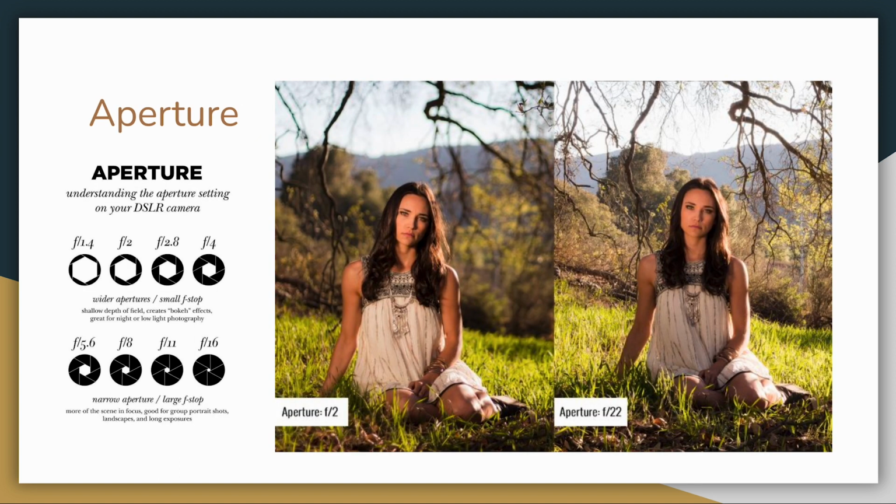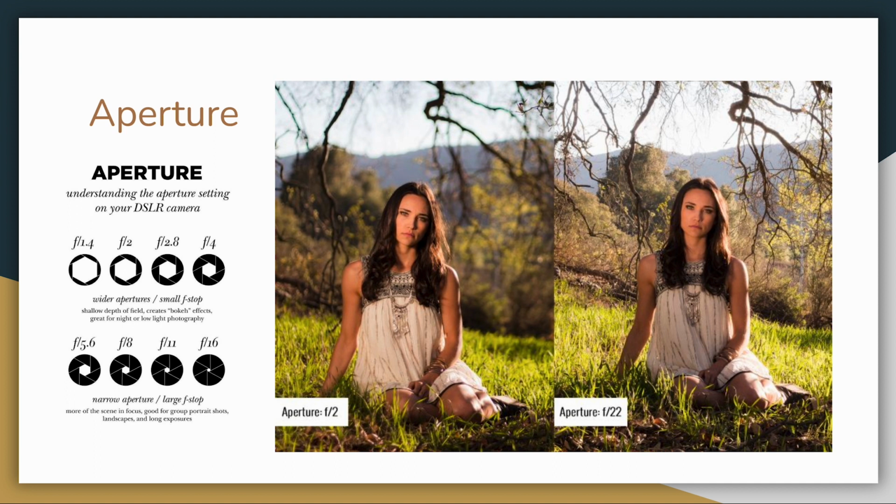Aperture relates to the size of the opening in your lens, as you can see on the left graphic. The larger the opening, the more light comes into your camera, and the less range you have while focusing. Meaning, if you're focusing on something close, like the girl in the left picture, then the background will be blurry.